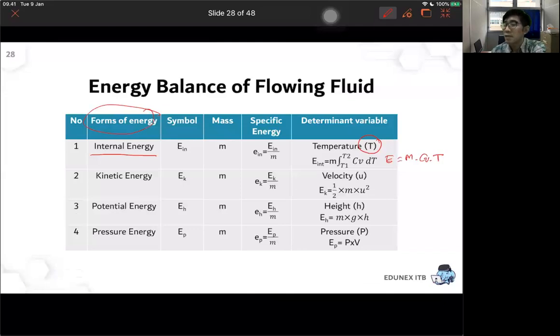Okay. If during the flow the fluid is isothermal, isothermal means T is constant, there is no change in temperature, then there is no change in internal energy.